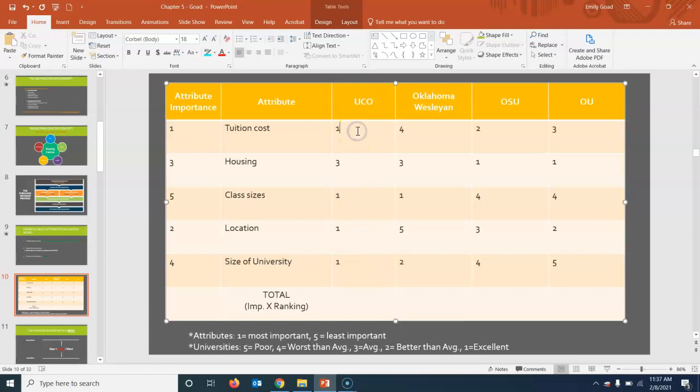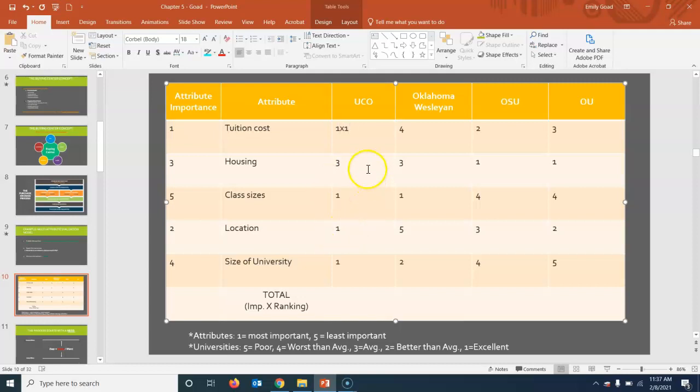And so then what you do is you say, okay, in order to get my total, my importance times my ranking, I'm going to multiply those together, then sum them to get my total. So in this situation, this is what you saw before.